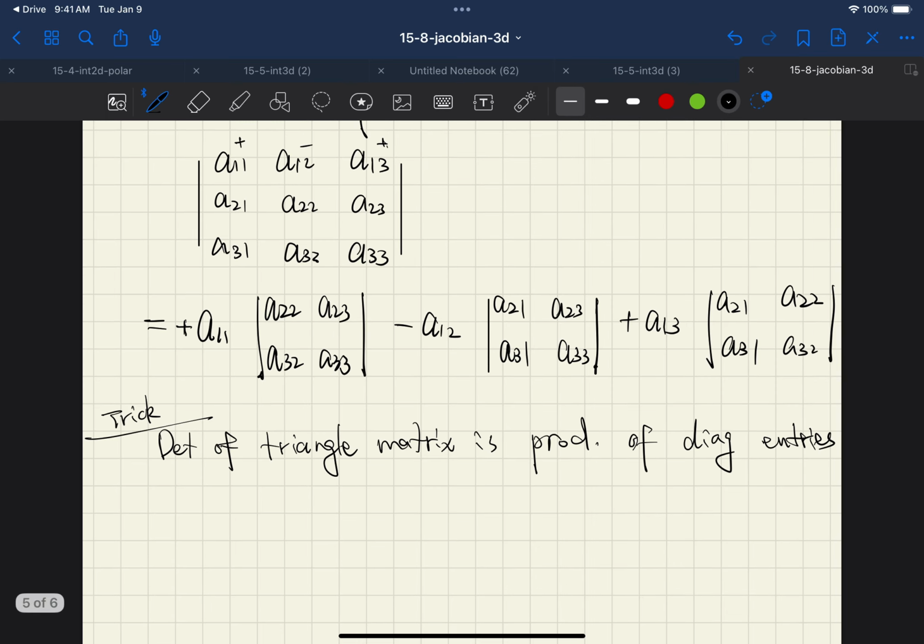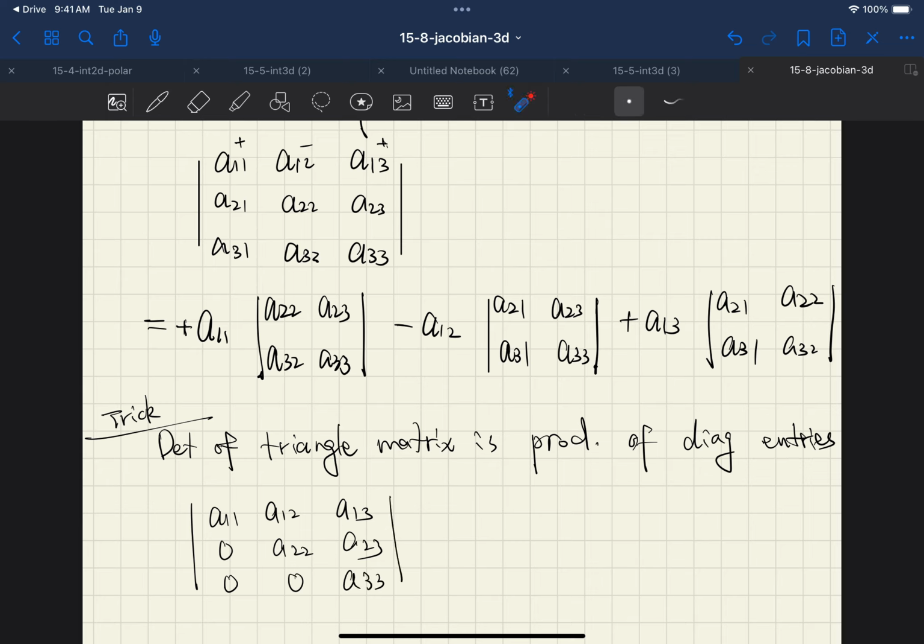For example, if you have A11, A12, A13, and 0, A22, A23, 0, 0, A33, then this is called an upper triangular matrix, because below the diagonal everything is 0.